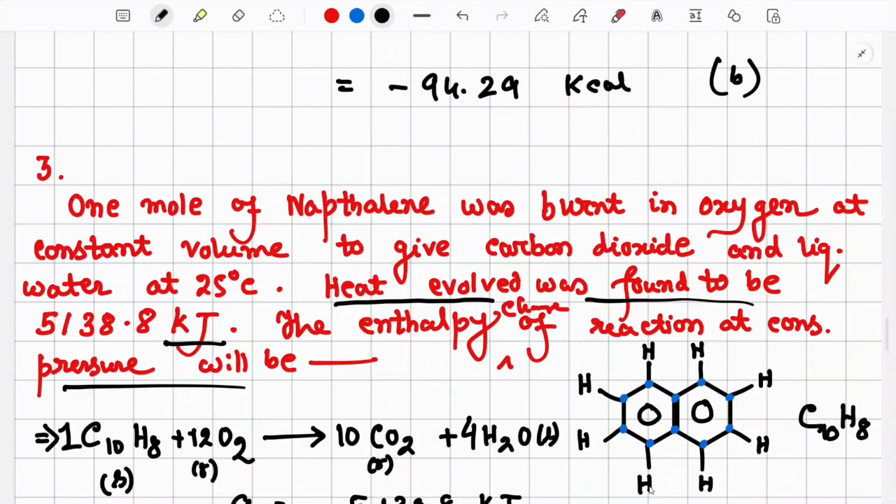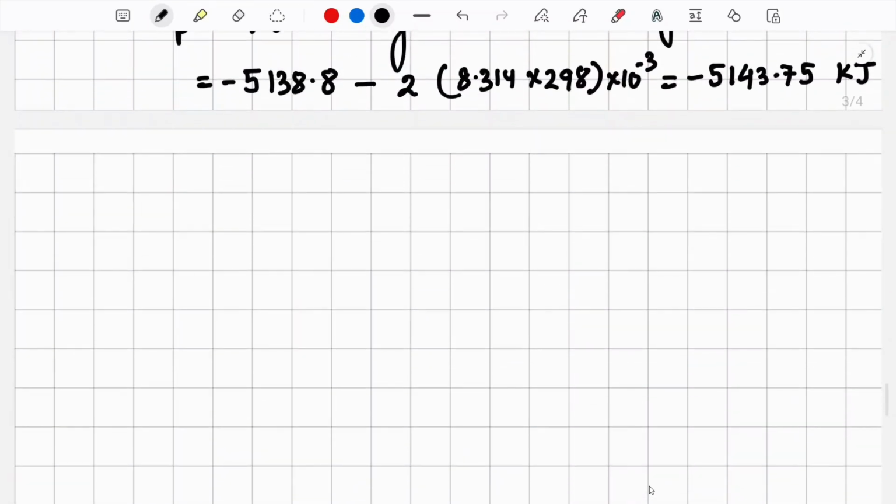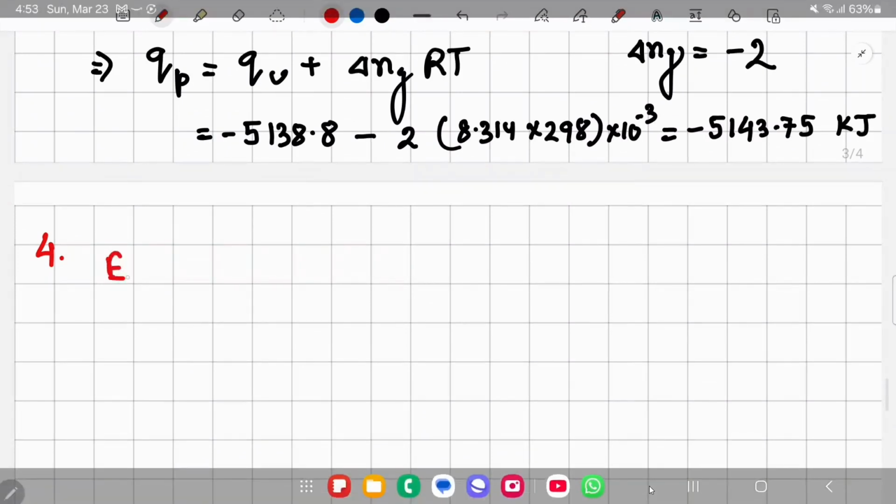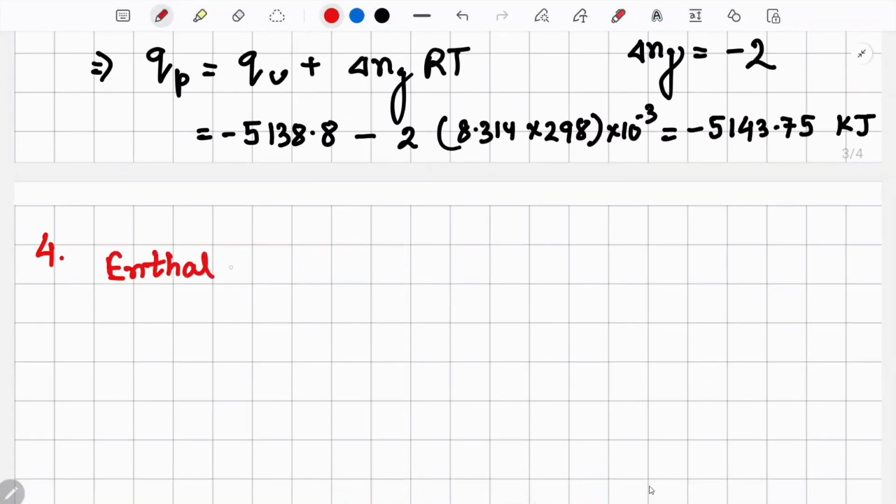Okay, the next question, number 4. Enthalpy of combustion.